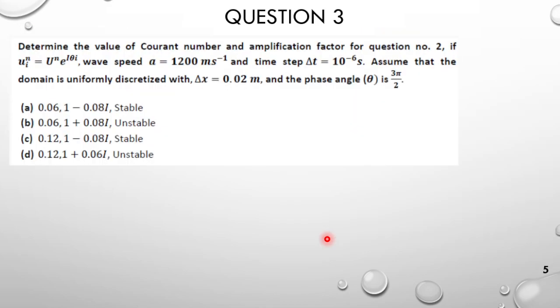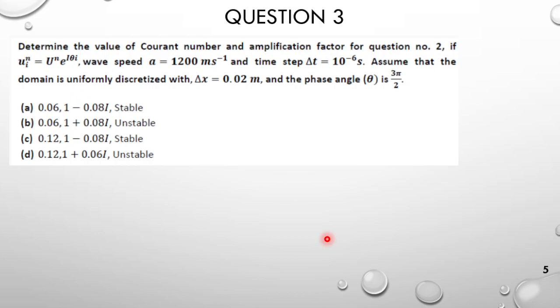So let us come to the next question. In this, what is being asked is to determine the value of the Courant number and the amplification factor for the same question, that is question number 2, the previous question, and all the other things are given. Can you write down in the chat box what should be the value of the Courant number first? You have studied that the Courant number is used mainly to gauge the stability.